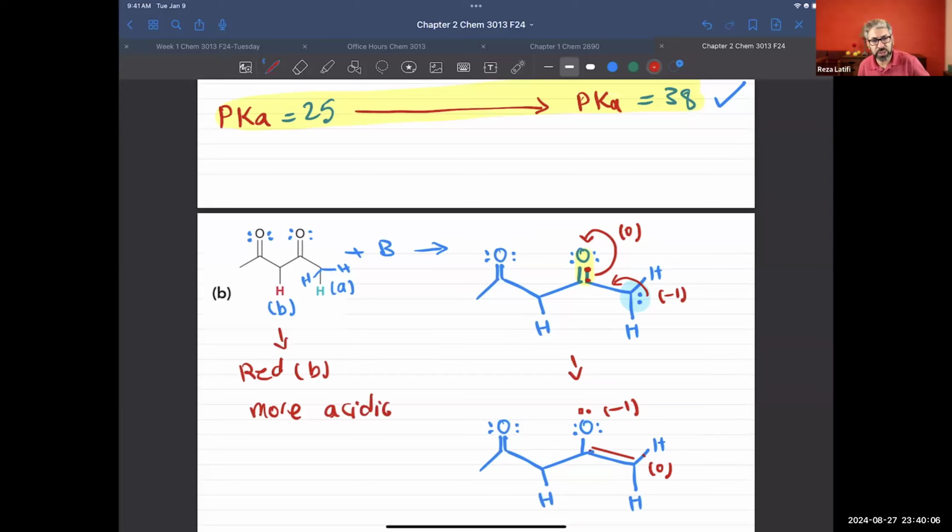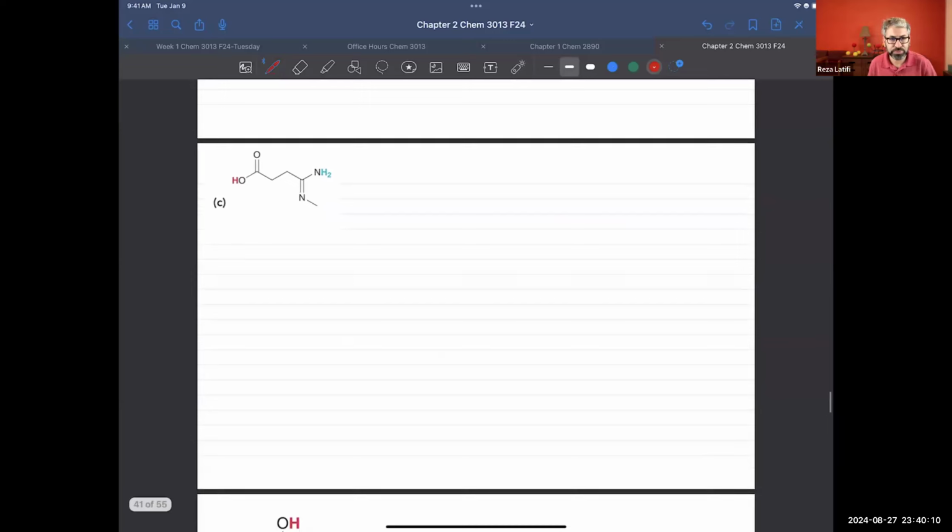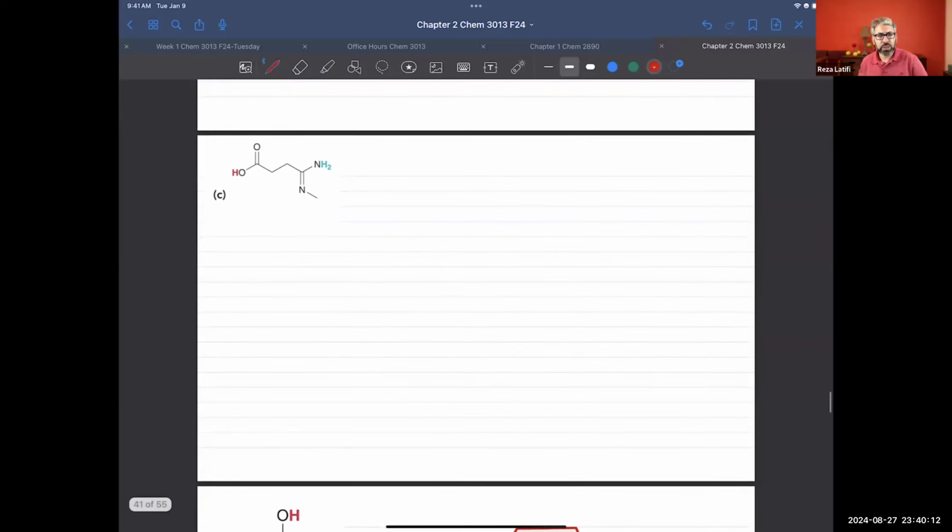Okay, next. How about this? I can take A, or I can take B. If I take A, if I remove A, I get this. I get carbon attached to oxygen.